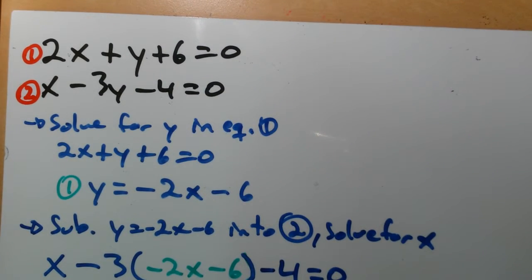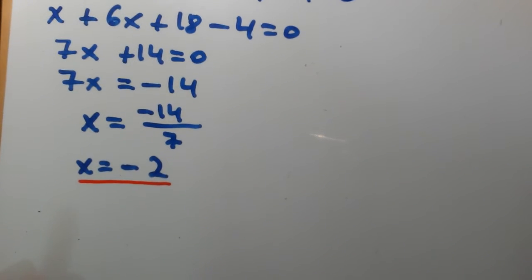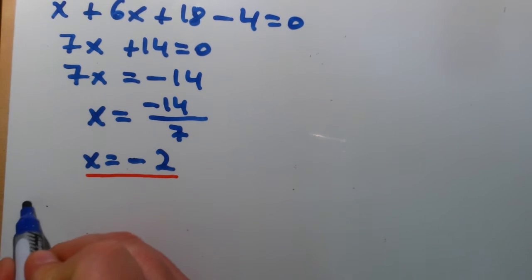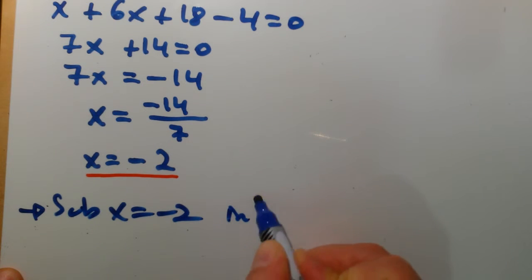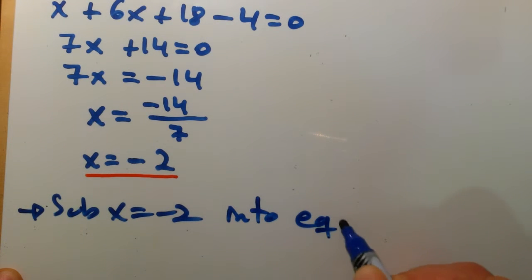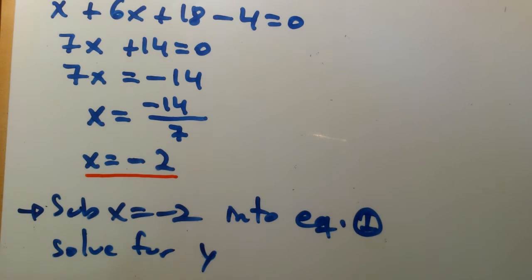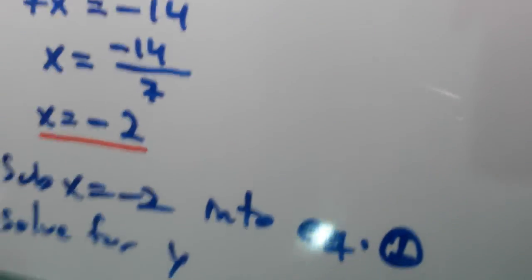We could use equation 2, but this time I want to use equation 1. I think it would be easier. So let's use that x value, which is negative 2, and put it into equation 1. So we're going to say, sub x equals negative 2 into equation 1, and solve for y.